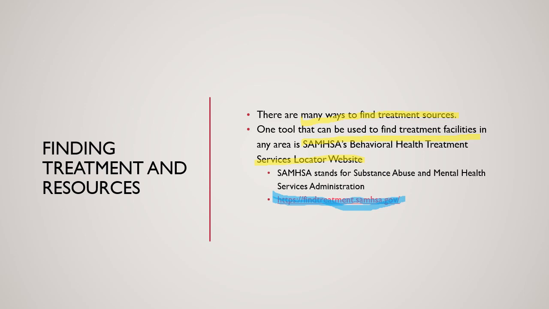So right now we're going to go through the process of using this tool step by step. Take notes if you need to, or just pay attention to each step because you will be asked to do this later on in one of the writing assignments.